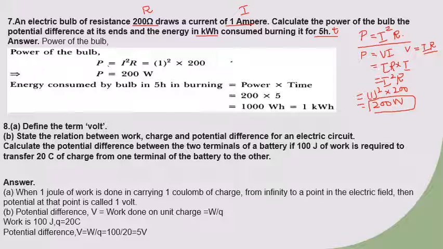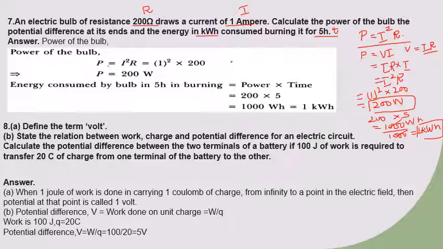So 200 into 5, I'll be getting 1000 watt hour. Because I want the answer in kilowatt hour, I will divide it by 1000, because in 1 kilowatt 1000 watts are there. So I'll be getting the answer as 1 kilowatt hour. This is the final answer.